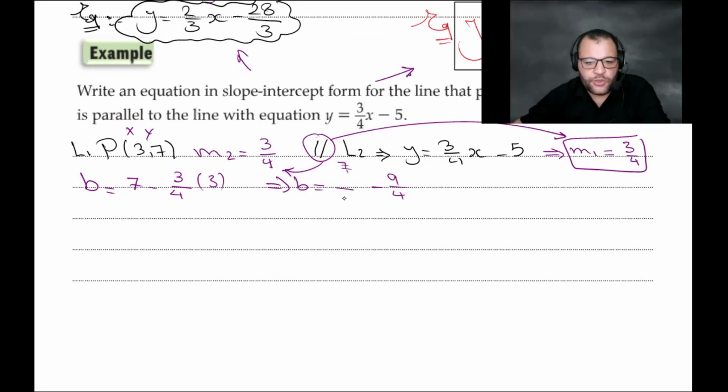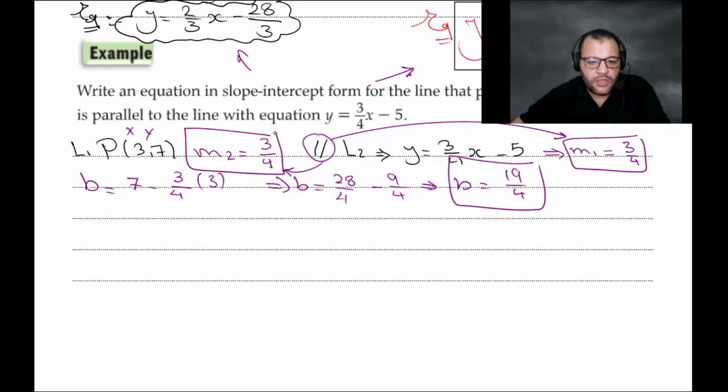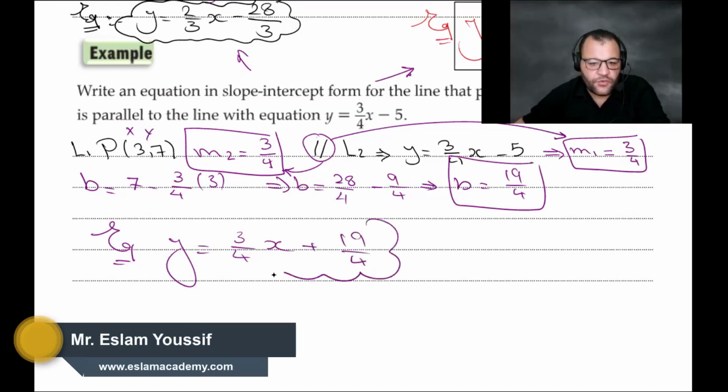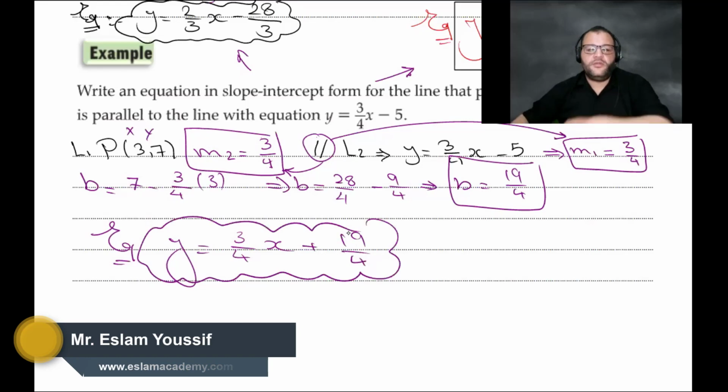You write the denominator equals 4, so 7 times 4 equals 28. So now you can find b equals 19 over 4. That is the value of b, and that is the slope. So the equation will be y equals 3 over 4 x plus 19 over 4.